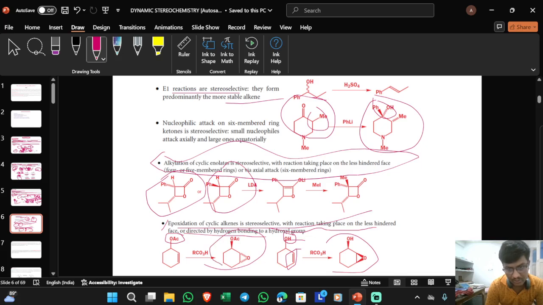Why? Because OH creates this molecule with intramolecular hydrogen bonding, not intermolecular. I am talking now about hydrogen bonding in this molecule, so the attack comes from the same side, but these do not have any other hydrogen bonding, and this group repels, so these groups attack from the opposite side.